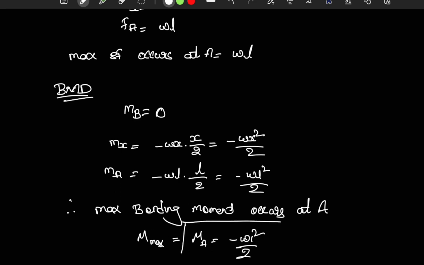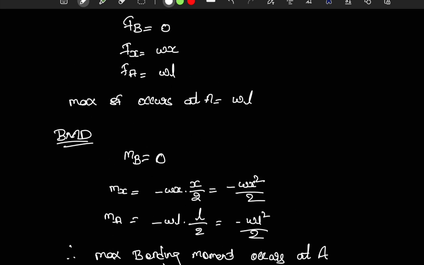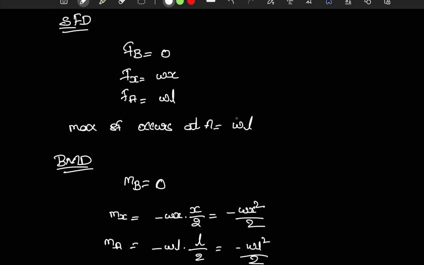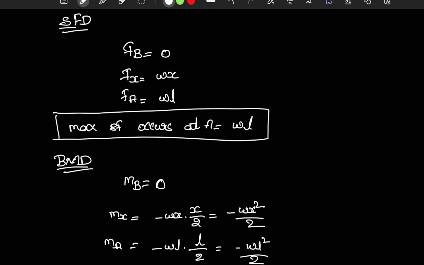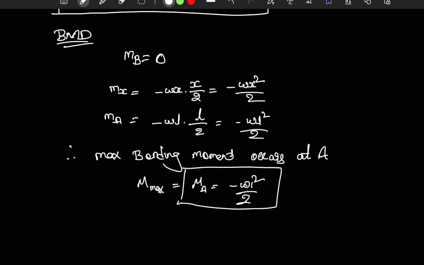Maximum bending moment occurs at A. Maximum shear force at A is WL. Bending moment is WL square by 2. This is a cantilever with UDL over the overall span.